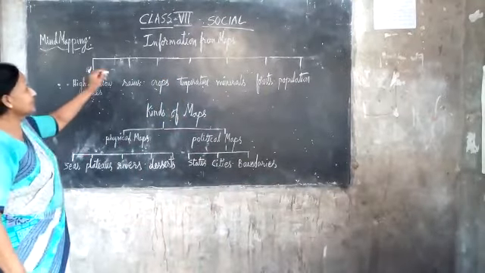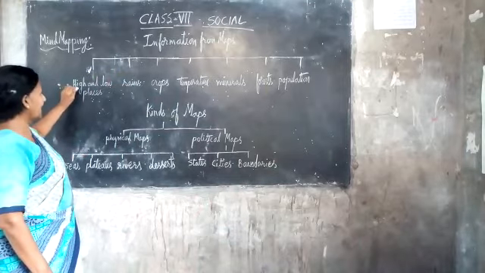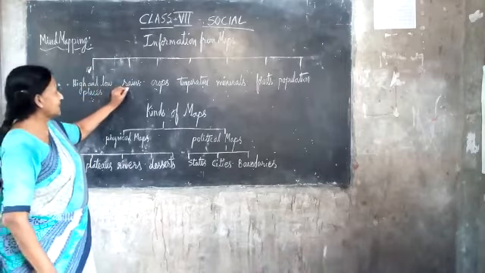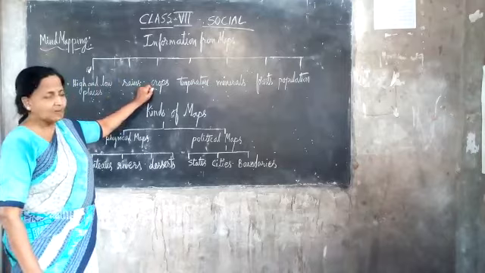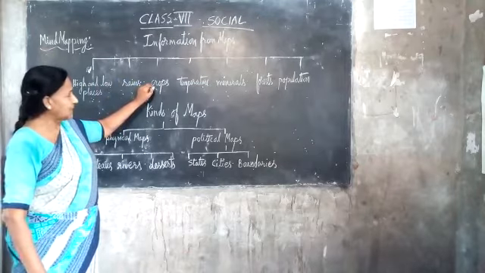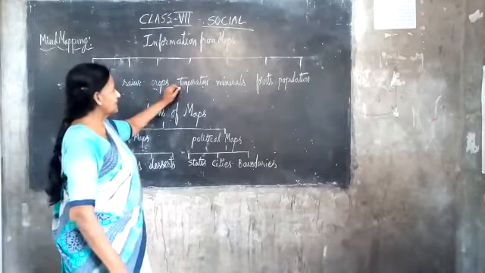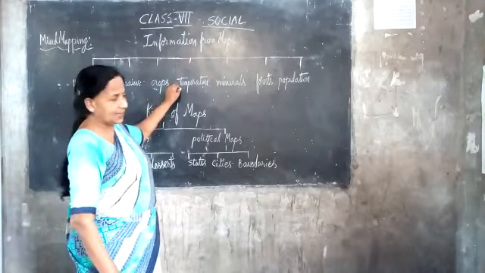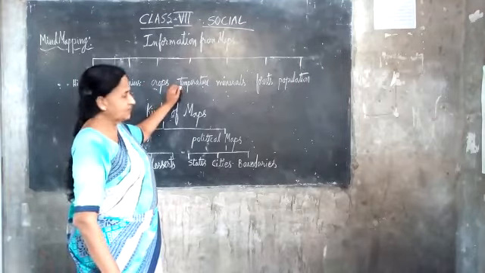So, the information from maps: it gives us the information of the high and the low places. The map gives us the information of rains. The map gives us the information of different crops grown in that particular country or state. The map gives us the information of the temperature, which in other words is climate, of different countries and states.